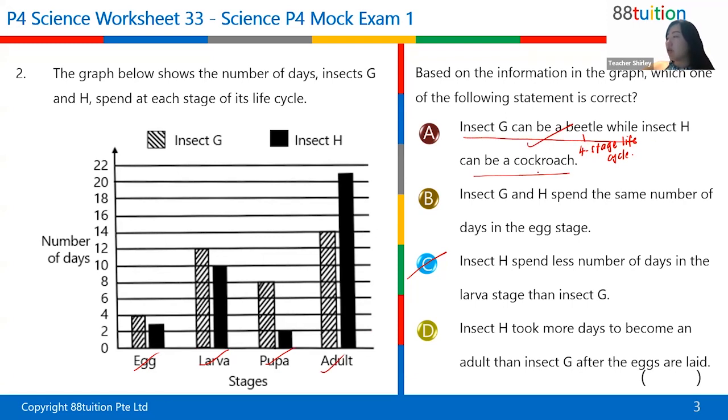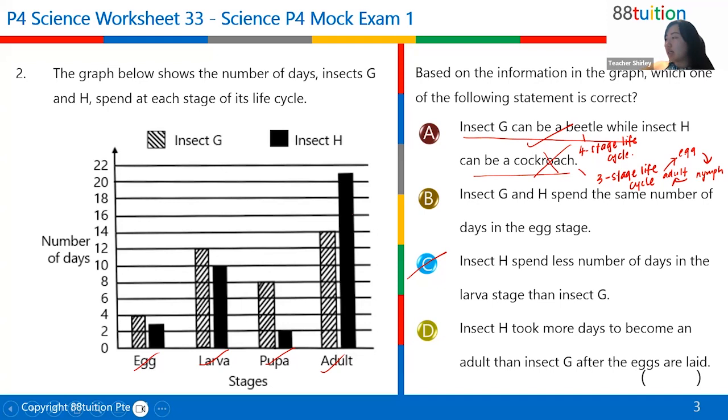Insect H can be a cockroach. That is wrong because insect H also has egg, larva, pupa stages. But cockroaches actually only have a three-stage life cycle, and the names of the different stages would be egg, nymph, and adult.